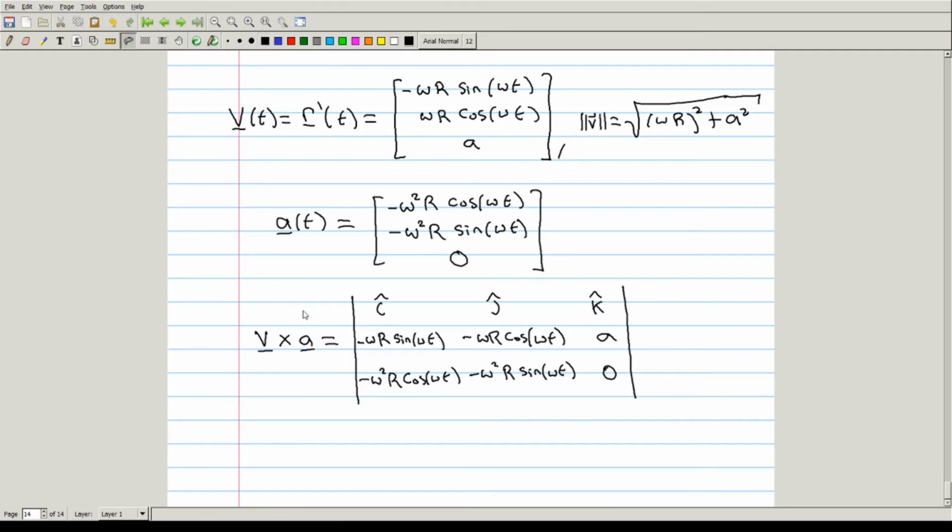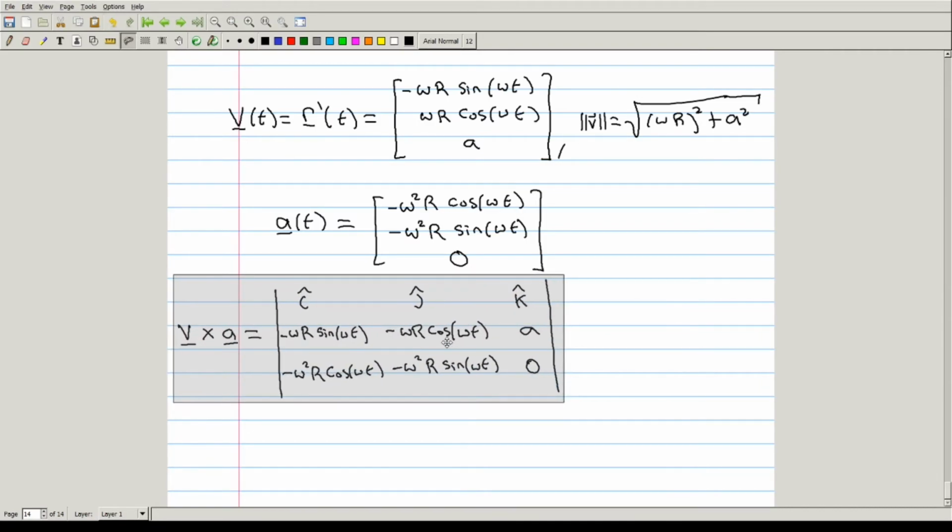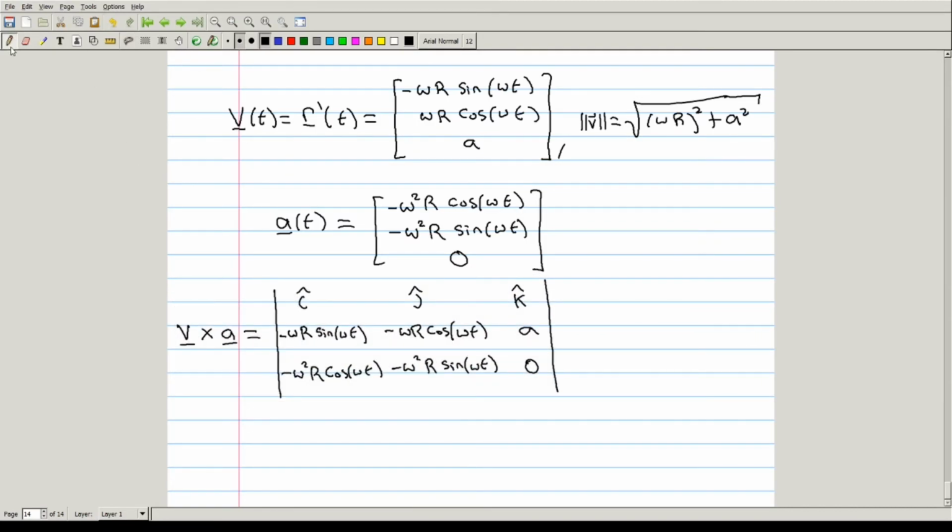Then we go through and calculate the determinant of this matrix using the normal determinant formula, but with the added assumption that this i hat, j hat, and k hat are all the typical unit vectors. So sure enough, when we go through and do that, we're going to get a pretty big simplification here.